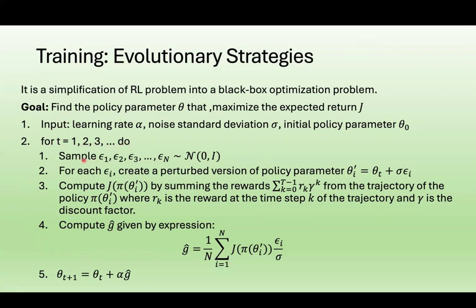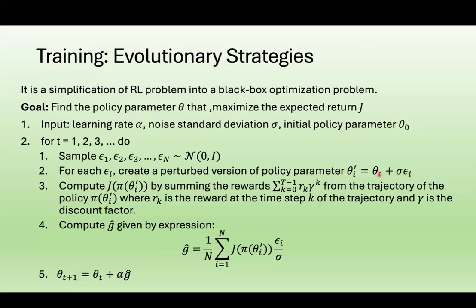So the first thing we do is sample some noise values, epsilon 1, epsilon 2, epsilon 3, up to epsilon n, from a multivariate Gaussian distribution, which has a mean vector of 0 and a covariance matrix which is basically the identity matrix. Then for each noise value epsilon i, we create a perturbed version of the policy parameter, theta i dash equal to theta t plus sigma epsilon i.